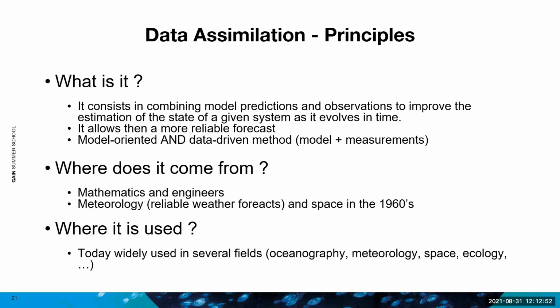Where does it come from? Well, it's an approach that was designed by mathematicians and also engineers. It was thought of in meteorology to build a reliable weather forecast, but the field in which it became very important was space, in the 60s.